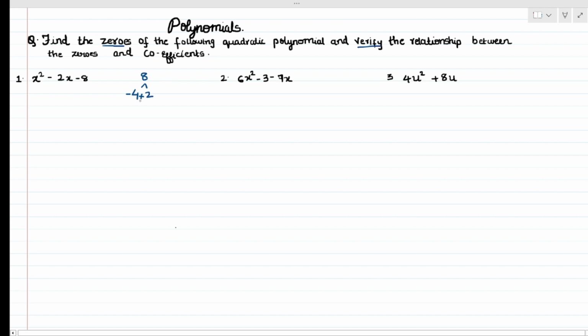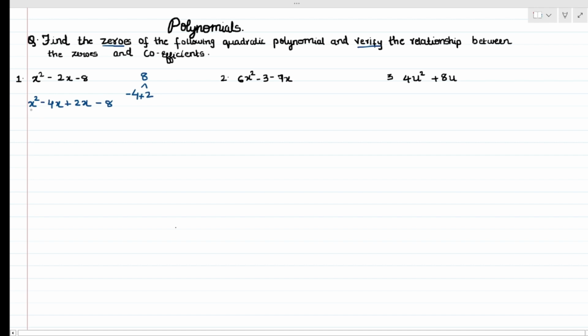If I substitute minus, minus with minus gives plus, and you get the middle term as 6, which is not the same. So you will use the plus sign. In that format, your first term is as it is, and instead of writing minus 2x, you will write minus 4x plus 2x minus 8.